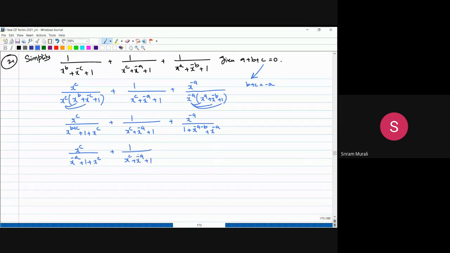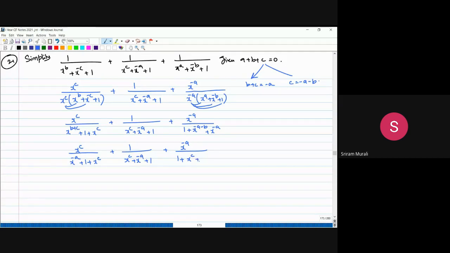So we are trying to eliminate B, we want to bring everything in terms of CA. What about this term? This is x power minus A divided by 1. How do you write C? Minus A minus B. So shall I write this as x power C?